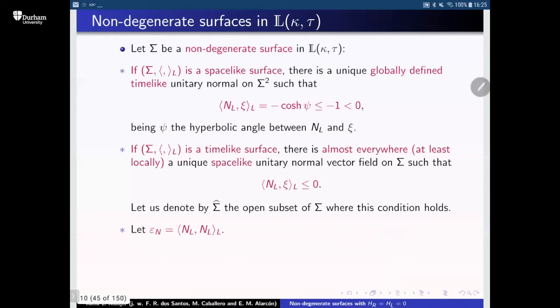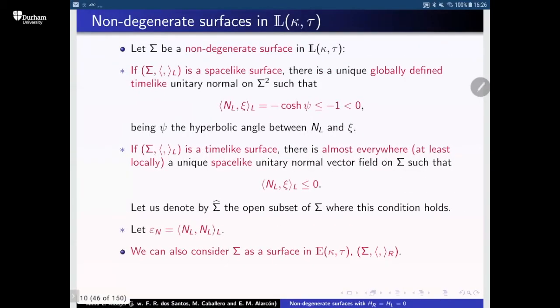In order to work with the two situations together, I will denote by epsilon n the causal character of the normal vector field to the surface. So epsilon n will be 1 if the normal is space-like, that is, if the surface is time-like, and it will be -1 in the case where the normal is time-like, so the surface is space-like.